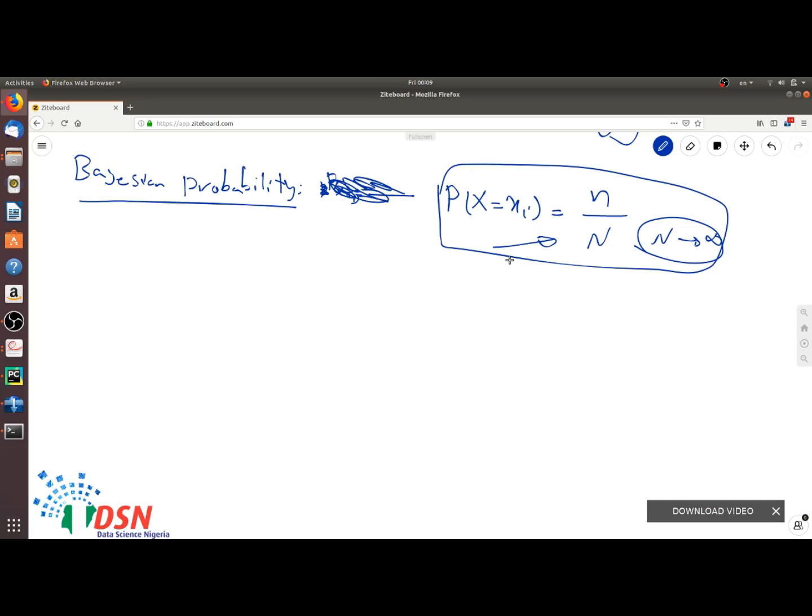In pattern recognition, an important example of the Bayesian interpretation is the polynomial fitting example that we talked about.